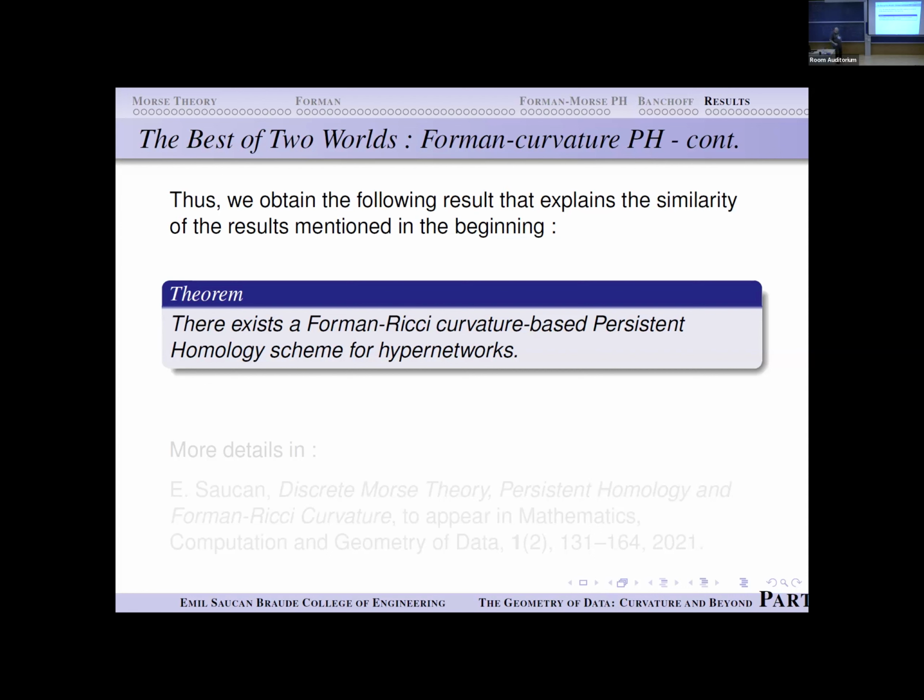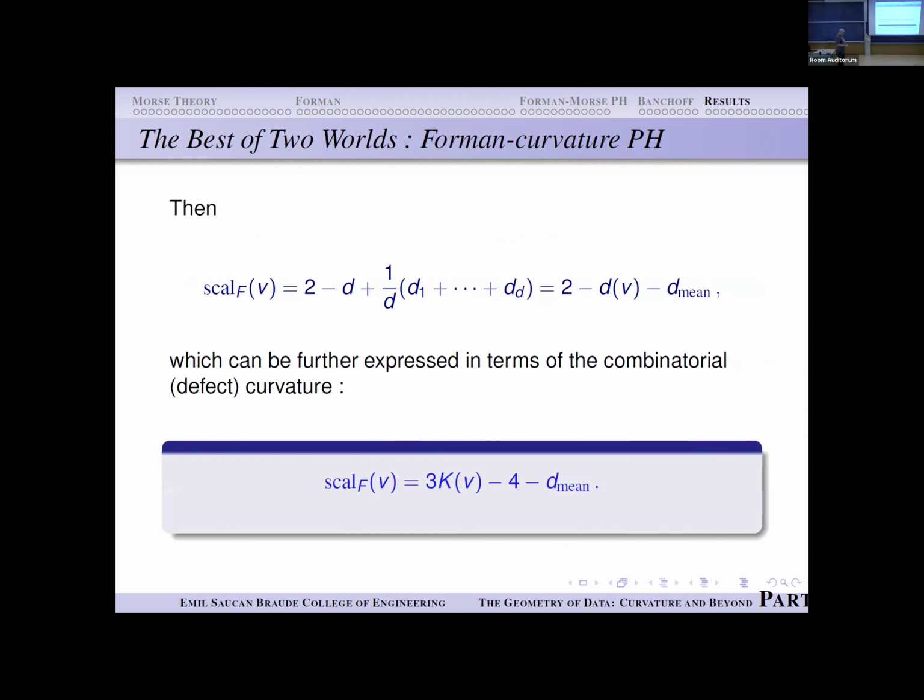If you remember, I started this whole discussion from a simple observation that my friends did experiments with persistent homology using Forman's Morse theory, and they did it using Forman curvature. And they got very, very similar results, and they couldn't understand why. The answer is very simple, just because of this fact, because they are connected.